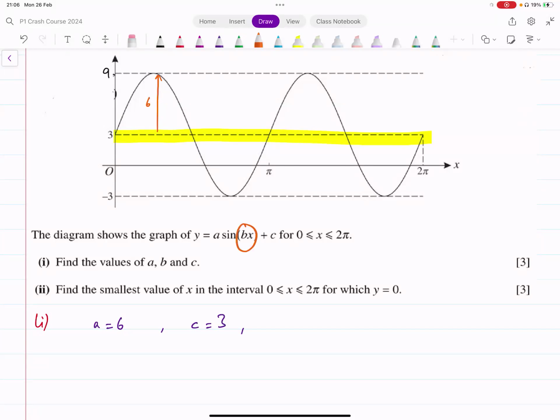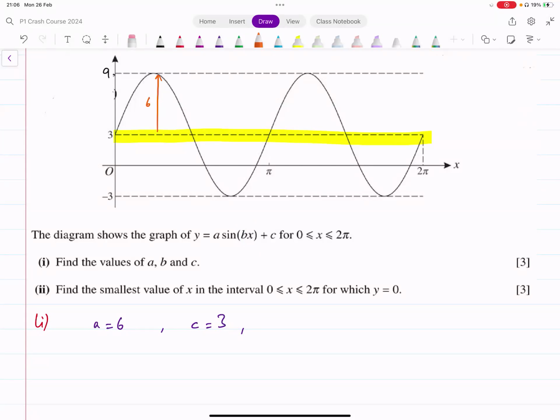What about B now? How do you find the value of B? What is B going to be? 2. B is going to be 2. How do you figure that out? The number of cycles that it completes at 360 degrees. Yeah, so that's one way to think about this.